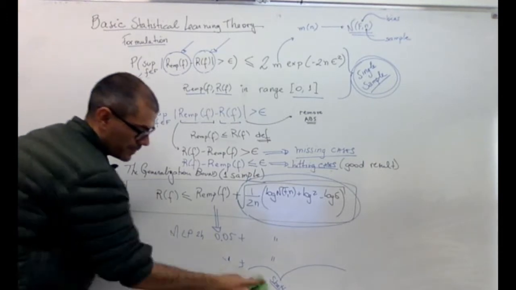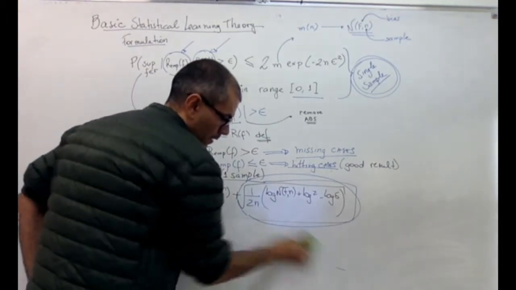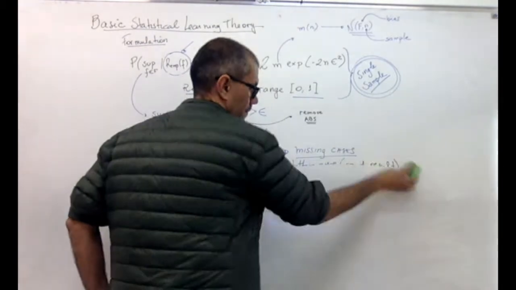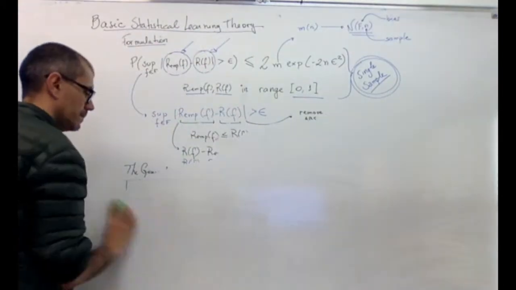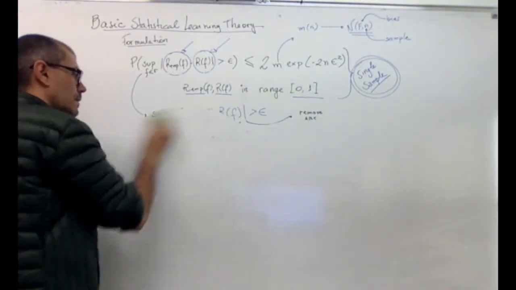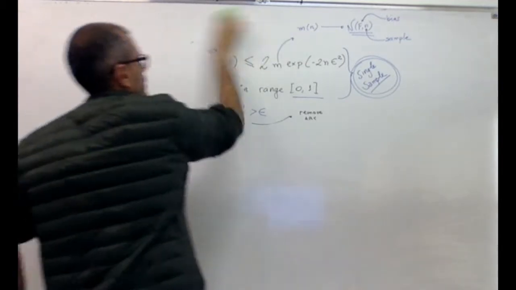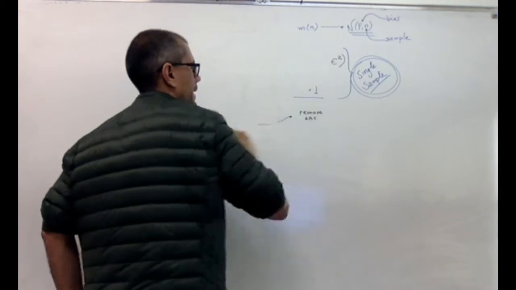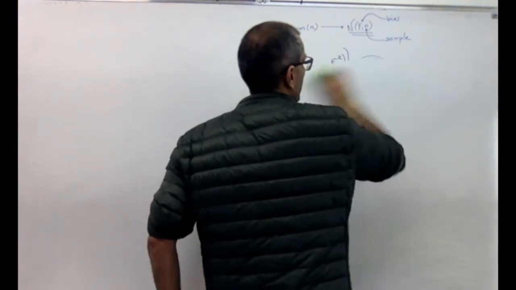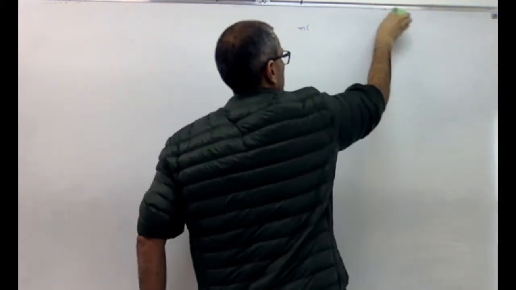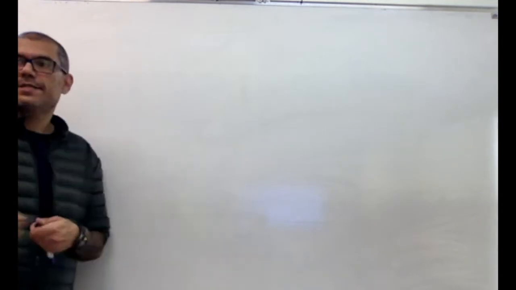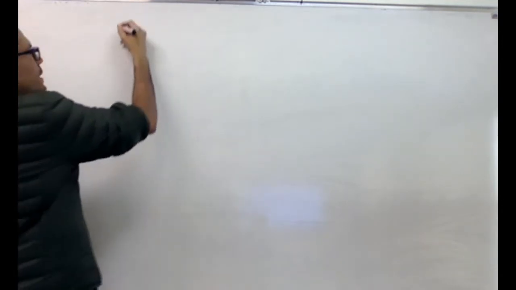So in that situation, I would like to show you something. I'm not going to derive that from the beginning, because I think that's easier to see. Something that Vapnik did was this.